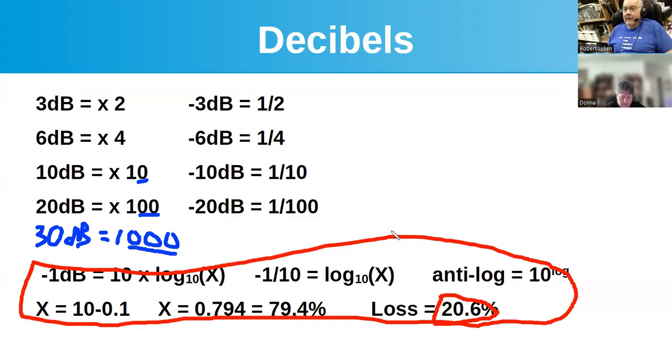If you remember, all a logarithm is, is the power that I have to raise 10 to in order to represent that value. So in the case of the 3 dB, I had a value of 2. The log turned out to be 0.3.